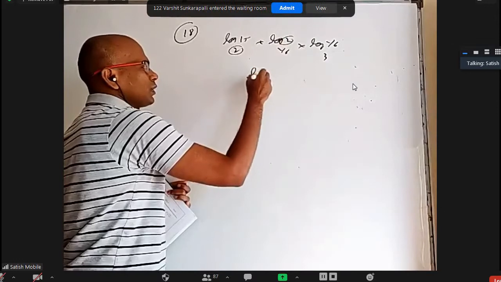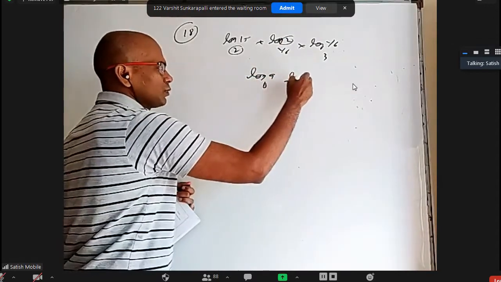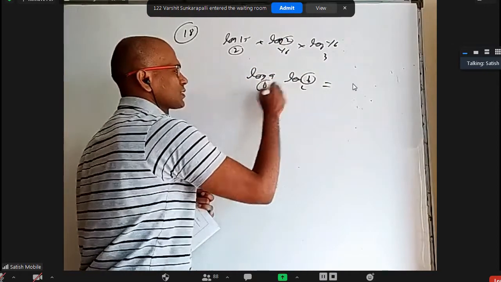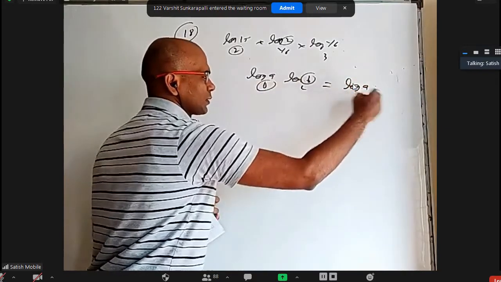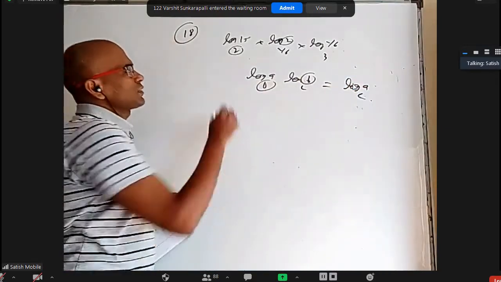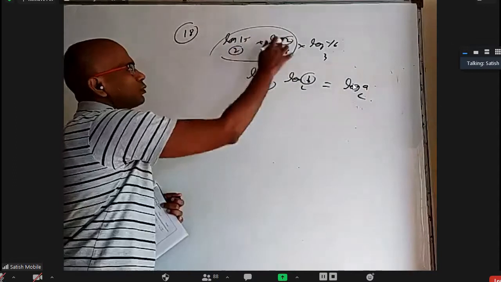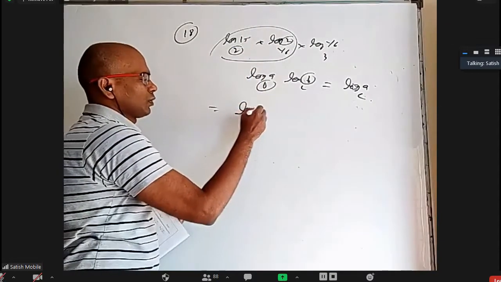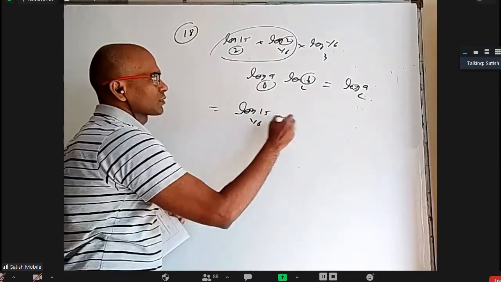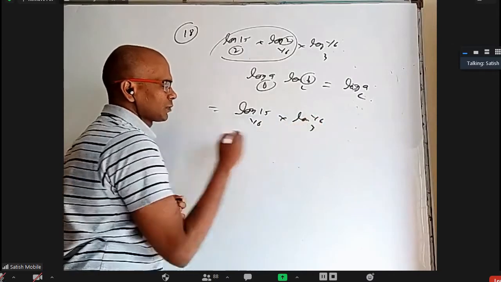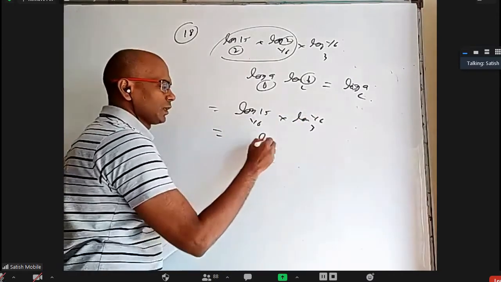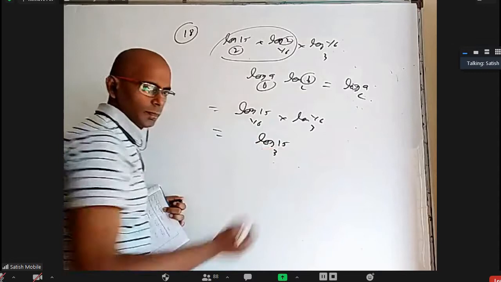We have a formula that log A base B into log B base C, if this and this are same, is log A base C. If I use this formula for these two, 2 and 2 will go. I'll get log 15 base 1 by 6 into log 1 by 6 base 3. Again, this and this are same. So I'll get log 15 base 3.